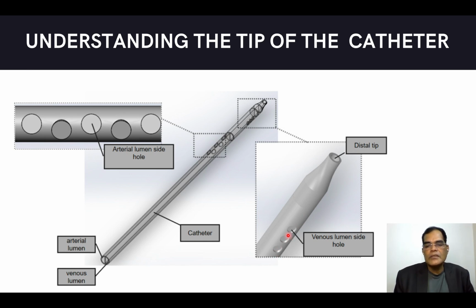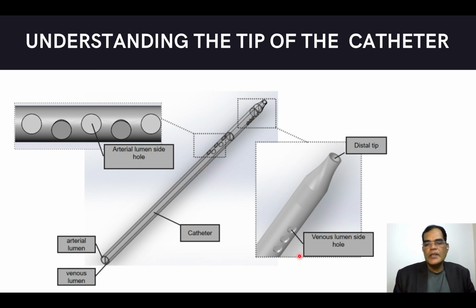So the venous return will be through these pores and through this distal tip of the catheter. Again I repeat, this catheter is a double lumen catheter having two lumens inside, whereas from outside it's a single catheter.